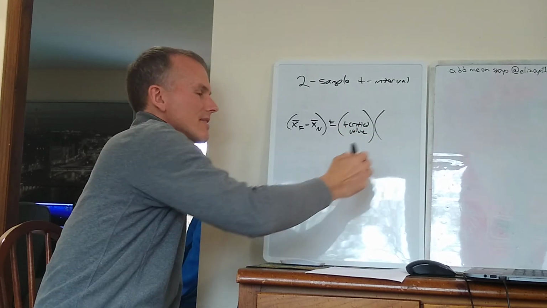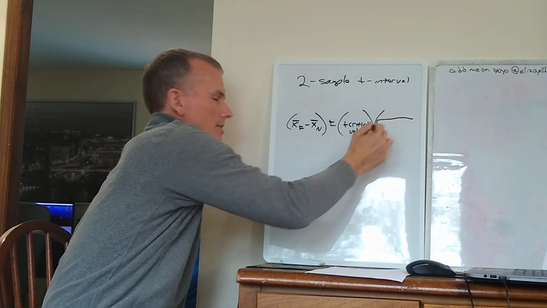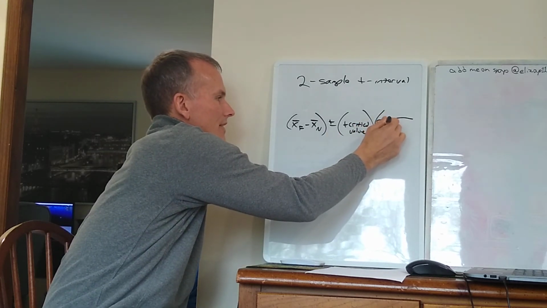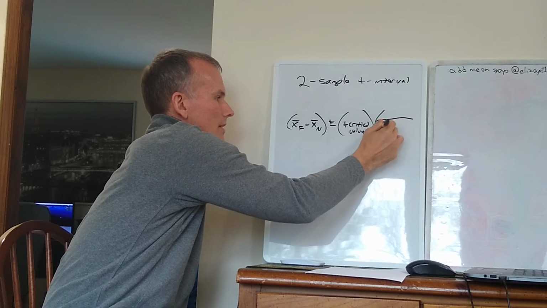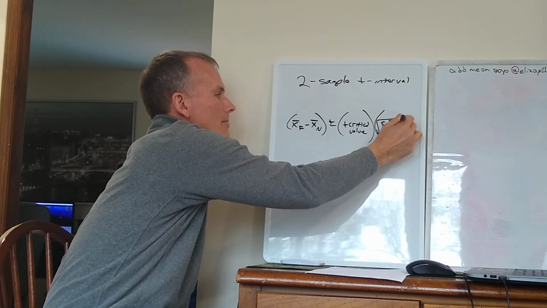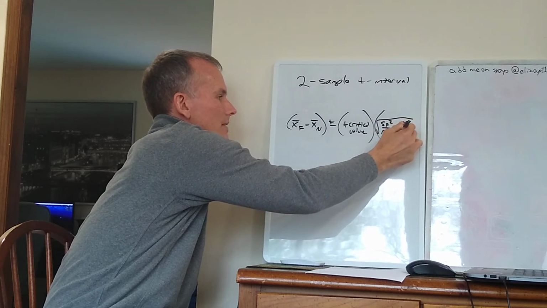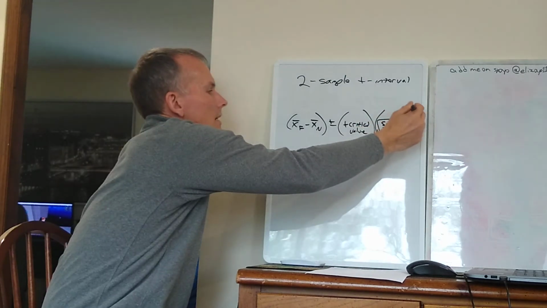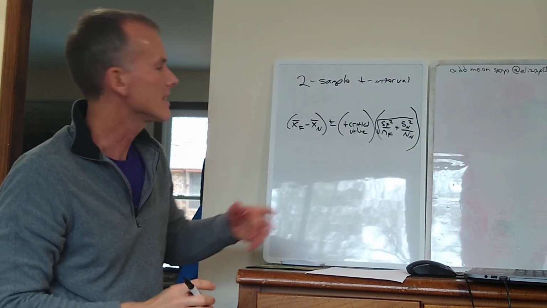So the structure of the interval is the same as every other interval we've ever done. So that's S sub F squared over N sub F plus S sub N squared over N sub N. Okay, so that's the formula for the T interval.